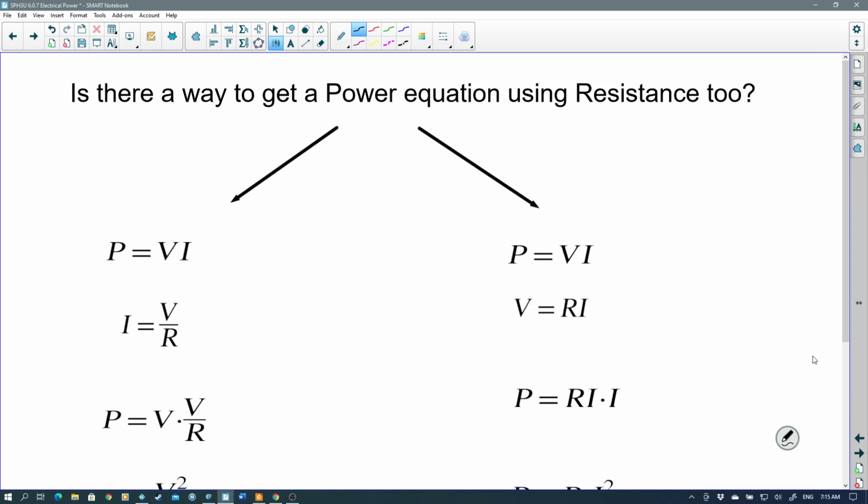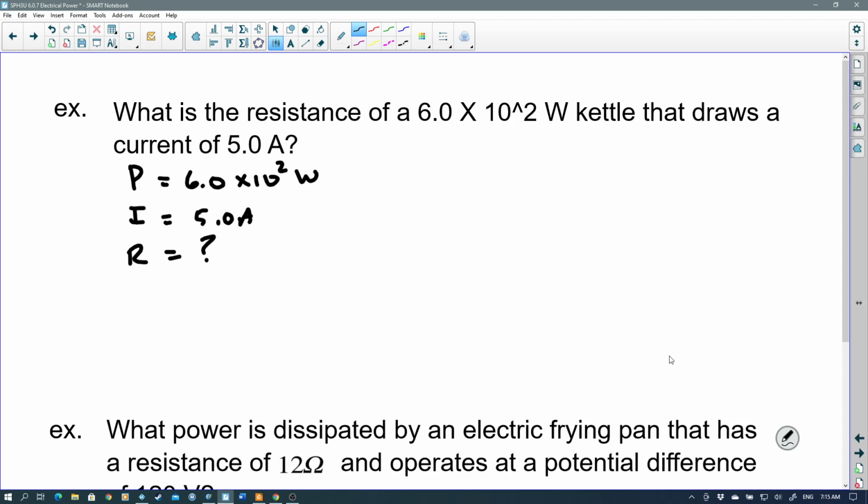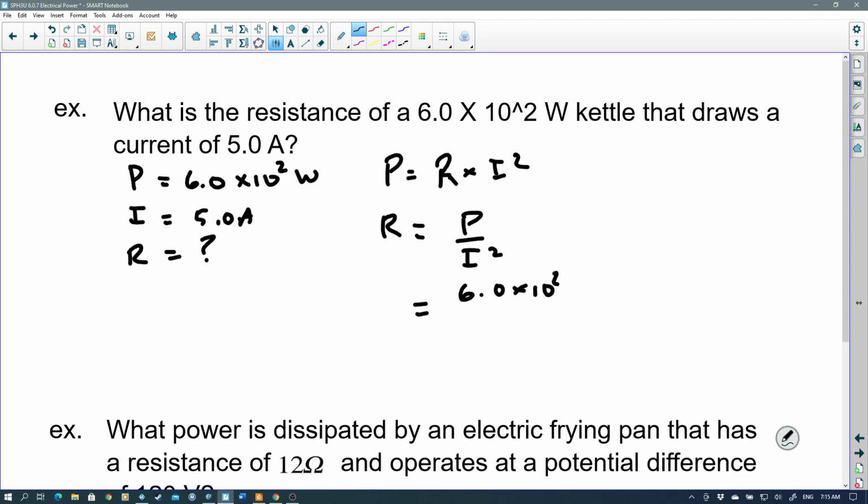So you would go to your formula sheet, find the equation that deals with current, resistance, and power, which is P is equal to R times I squared. Okay, and we're looking for R, so we're going to isolate R. And now if I put my numbers in there, I'll be able to calculate the final answer.